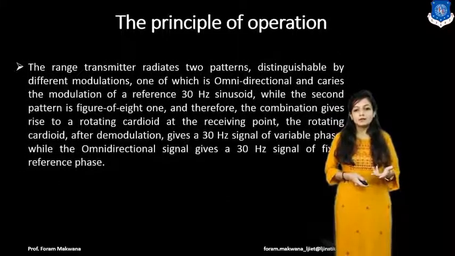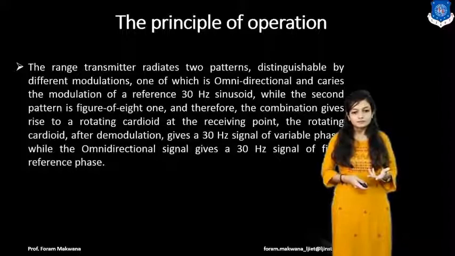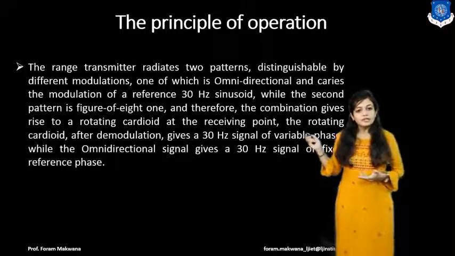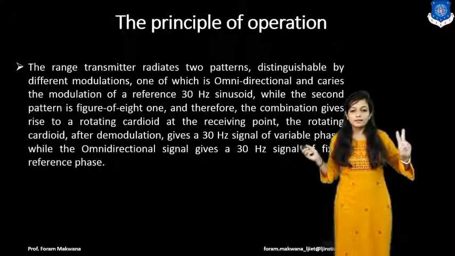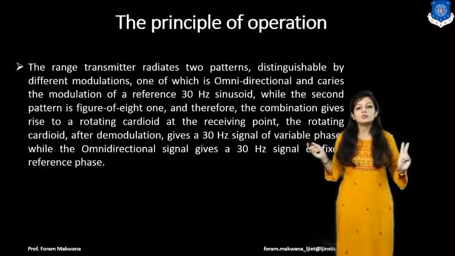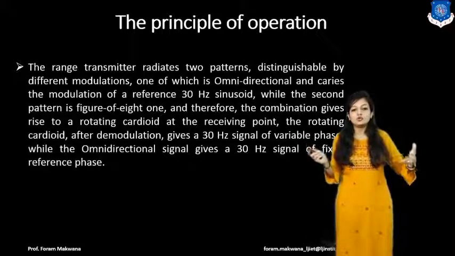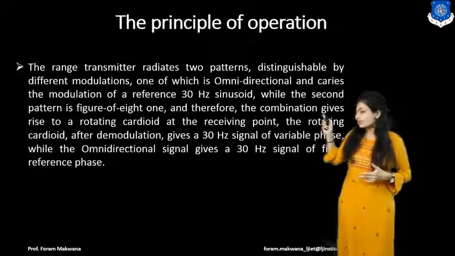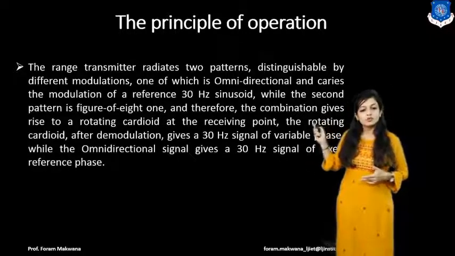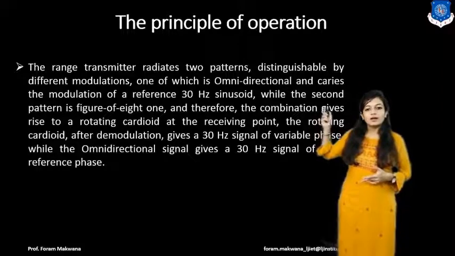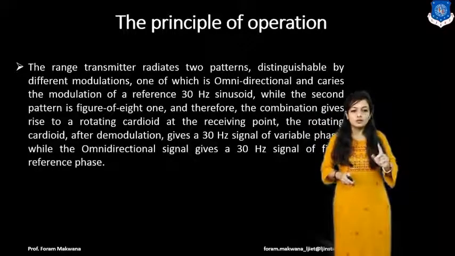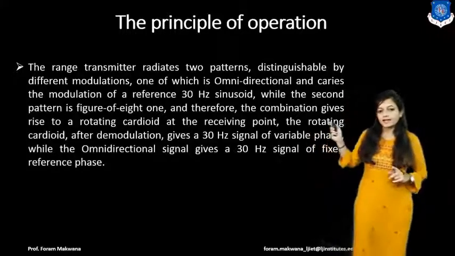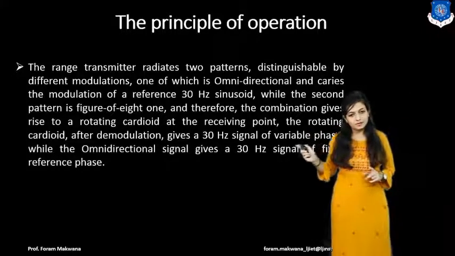So, what is the principle of operation? Over here, the range transmitter radiates 2 patterns, which are distinguished by different modulation. One is omnidirectional and carries a modulation of reference 30 Hz sinusoidal. The second pattern is a figure of 8.